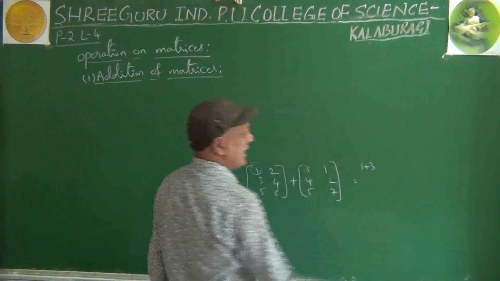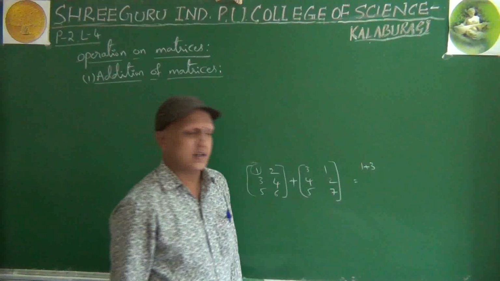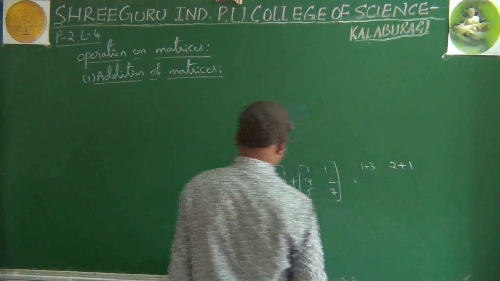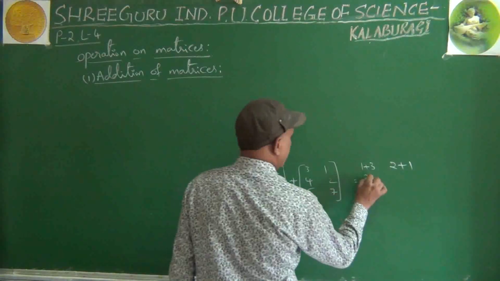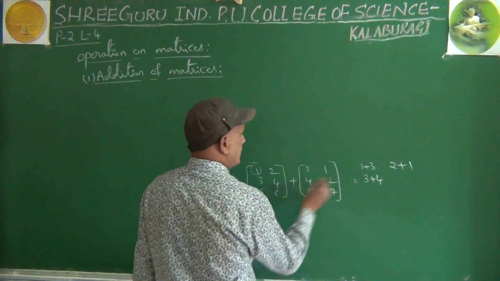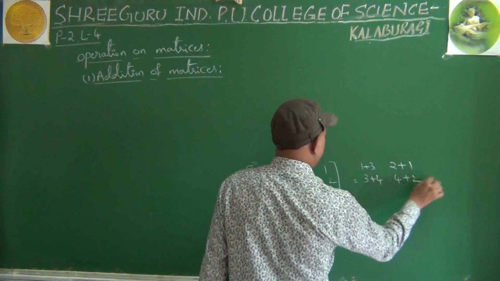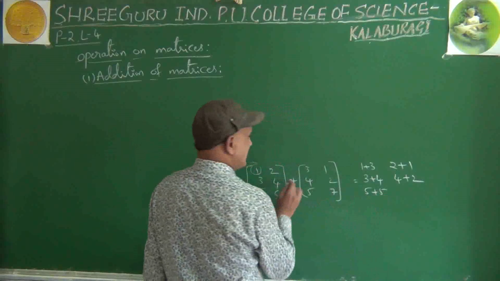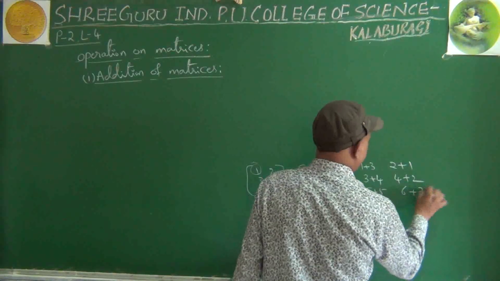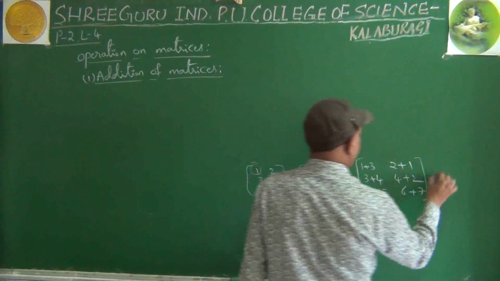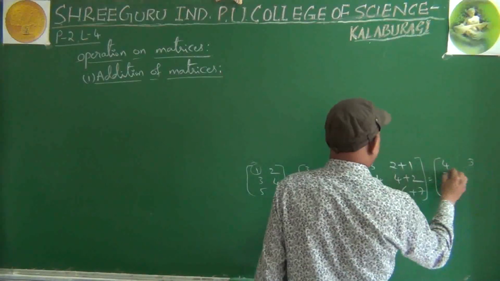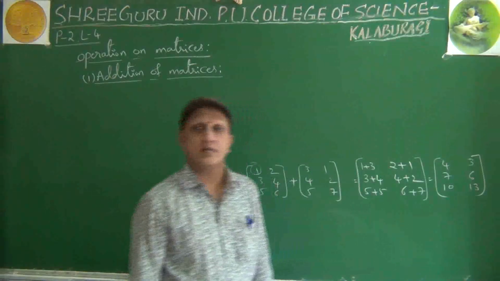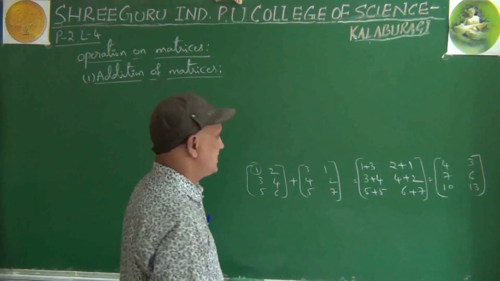Corresponding elements we have to add. 2 plus 1, 3 plus 4, 4 plus 2, 5 plus 5, 6 plus 7 equals 4, 3, 7, 6, 10, 13. That's it. Right? This is the way of adding.